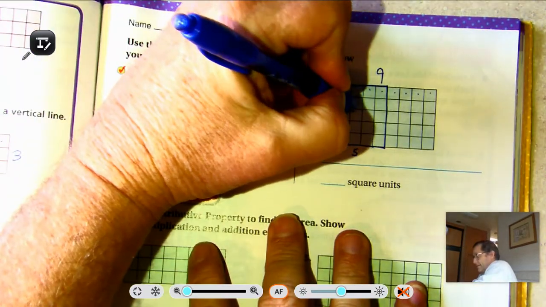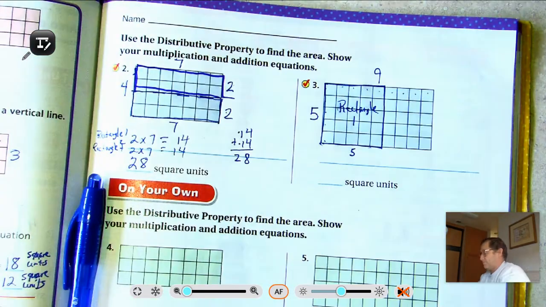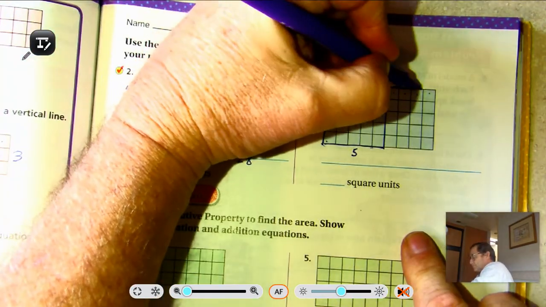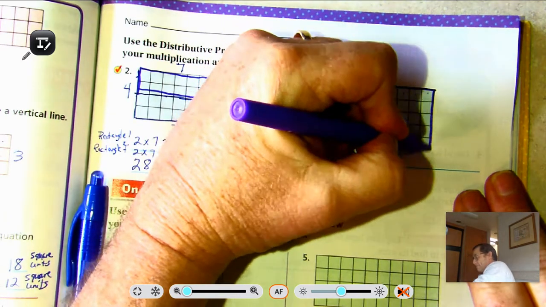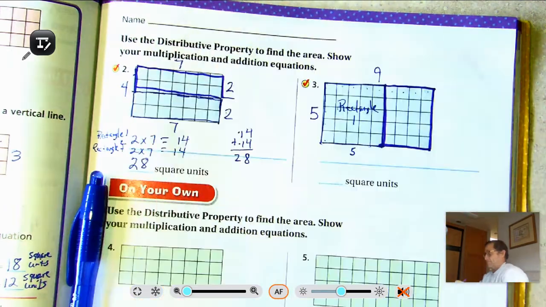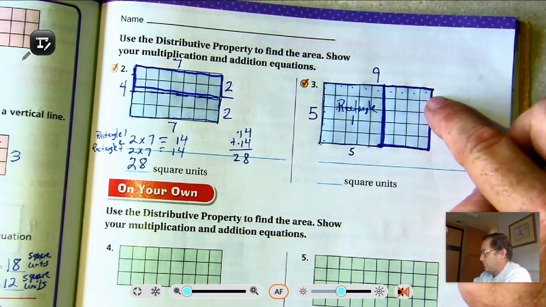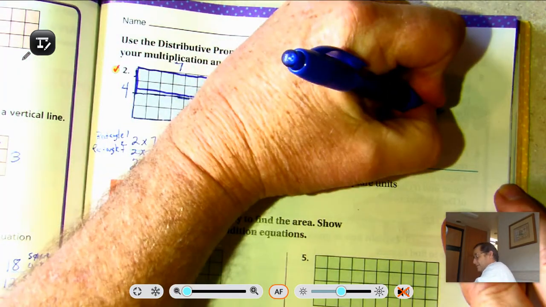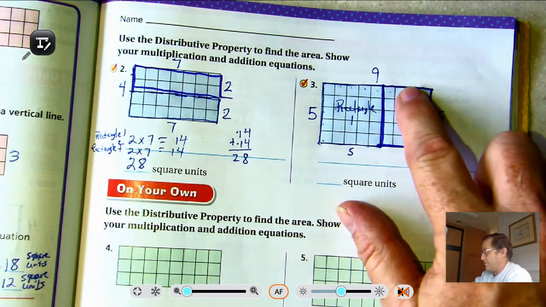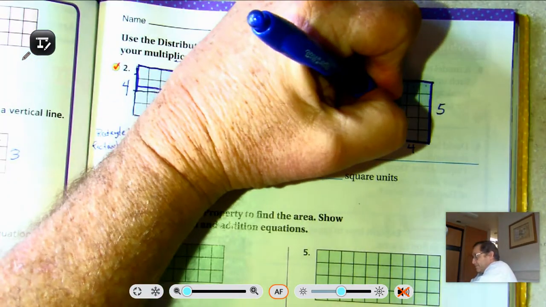And I'm going to call this rectangle 1. Rectangle 2, we have 1, 2, 3, 4, 5, and 1, 2, 3, 4. All right, so rectangle 2 is a 5 by 4.